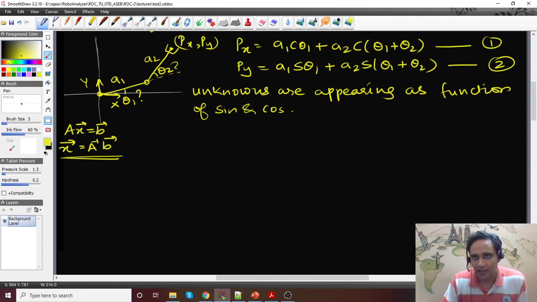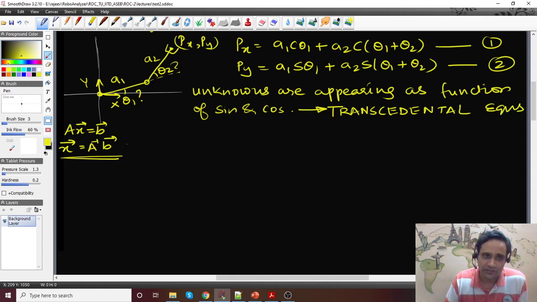Here, since the unknowns are appearing in sine and cos, we mention these as transcendental equation. Okay, so whenever we have transcendental equation, this is not possible. We can't use this method because sine and cos are coupled with the unknowns. So we will have to manipulate, means juggling.